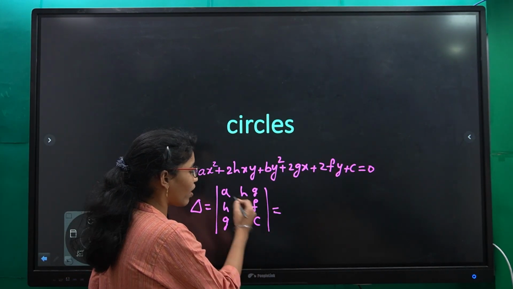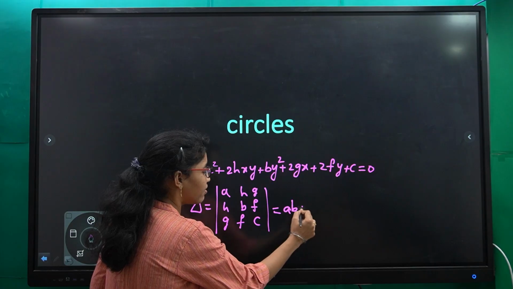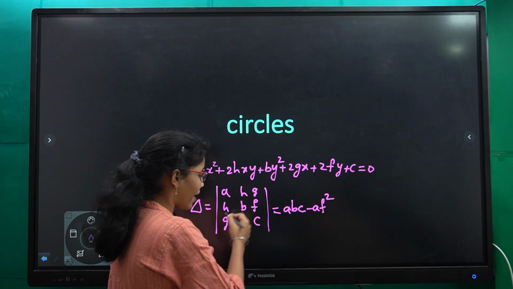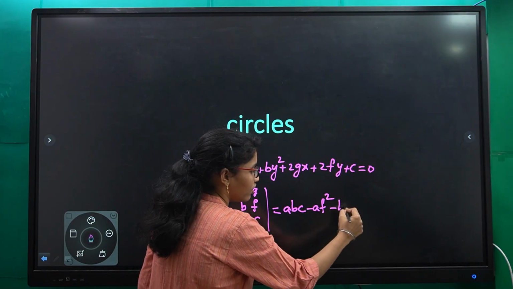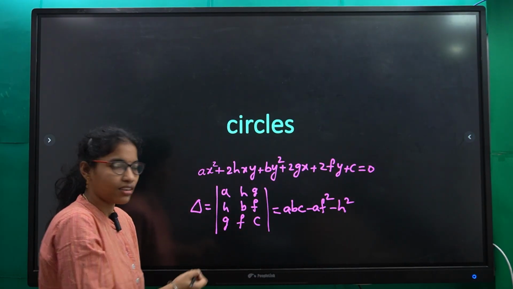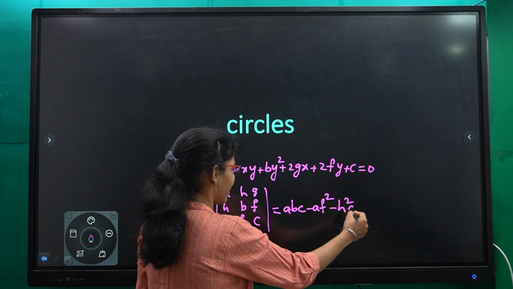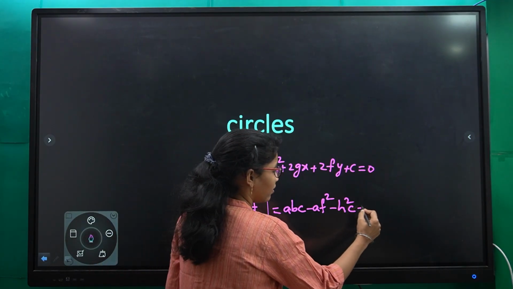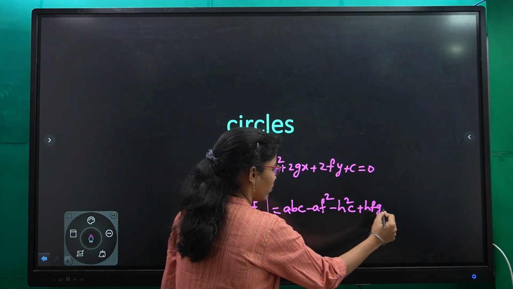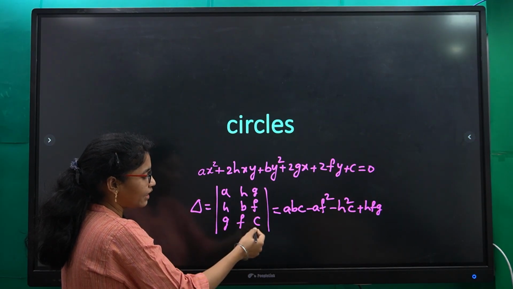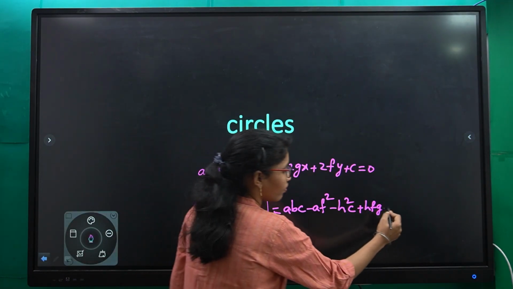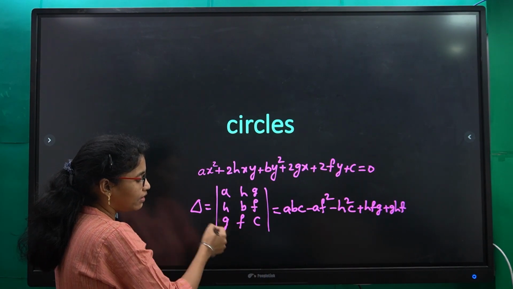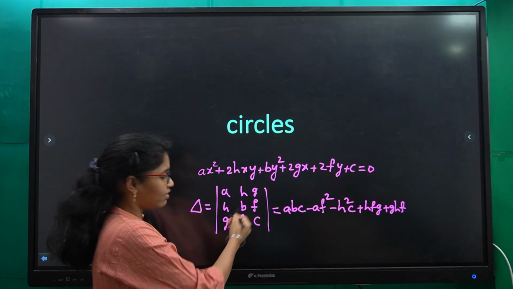Which is equal to what? abc minus af square minus h square c, plus hfg, plus g into hf minus gb, minus g square b.